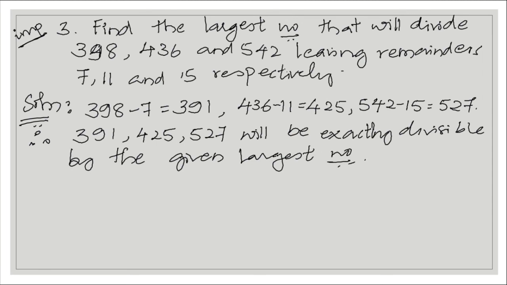What will be that largest number? The largest number will be the highest common factor of these 3 numbers. So when 3 numbers are there, we have learned we will follow stepwise. In step 1, we will first find the highest common factor of 391 and 425.